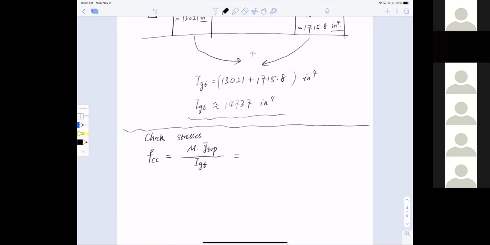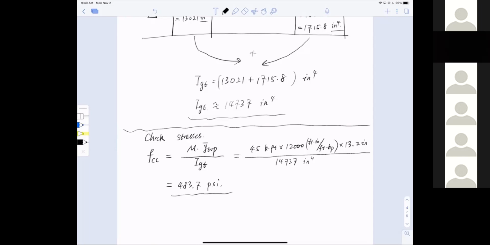You already forgot about it, but I still remember it's 45 kip-foot of moment, converted with 12,000 pound-inches per kip-foot, then multiplied by 13.2 inches, because that's the Y top, divided by IGT, which is 14737 inch to the power 4. Now I got this stress to be 483.7 psi.